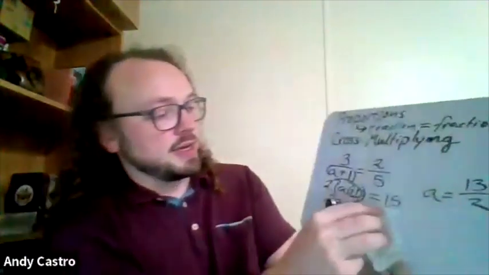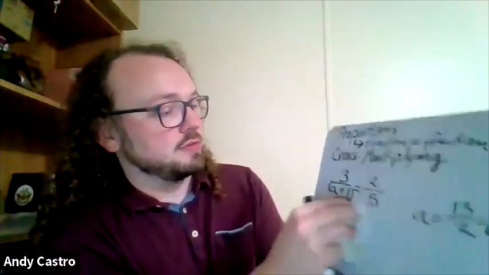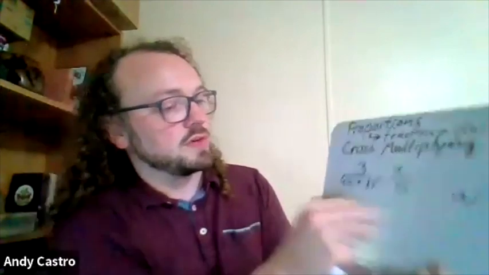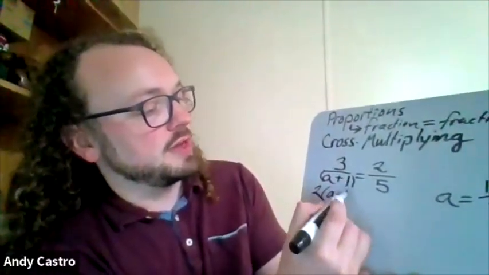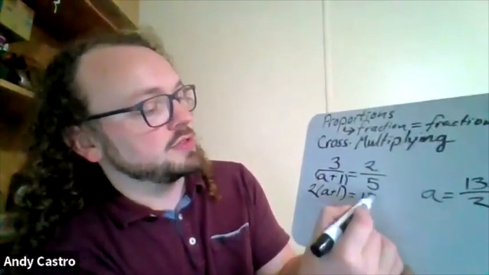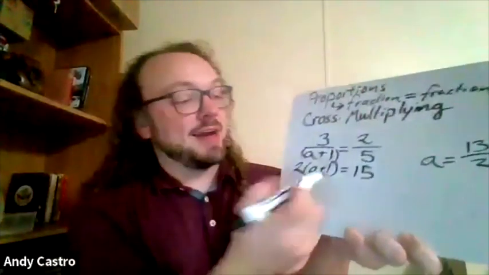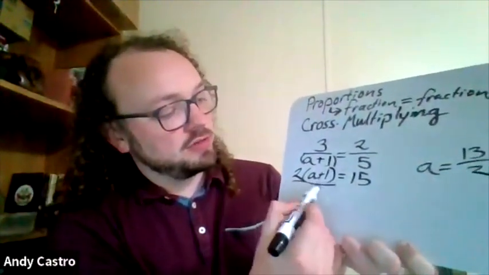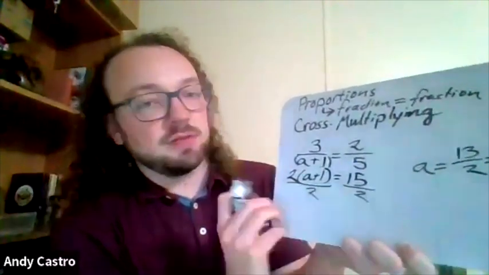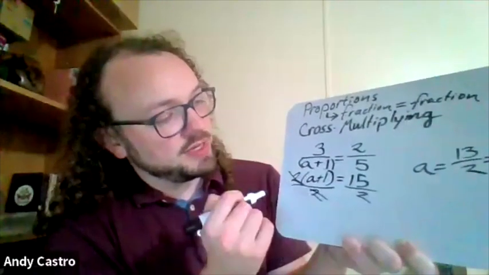Here's the other thing I could do. Instead of distributing, I guess I'll just start this one over and do it the other way. So I could have 2 times a plus 1 equals 15, right? Exact same problem. But I don't have to distribute that 2 right now. I could just divide both sides by 2. And so those would cancel out.